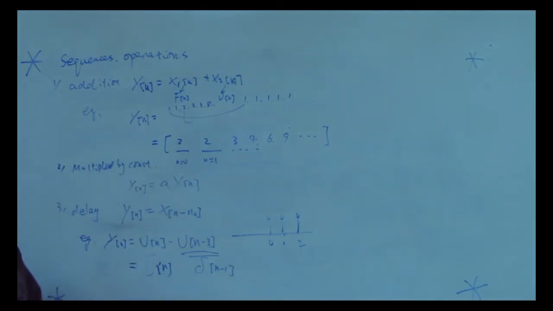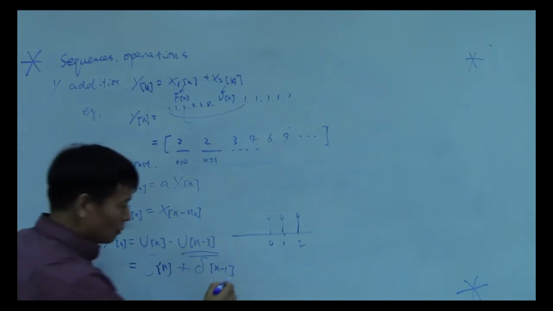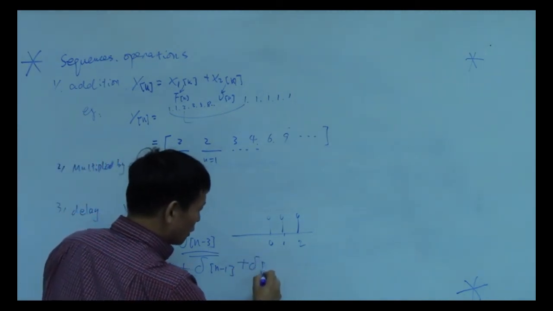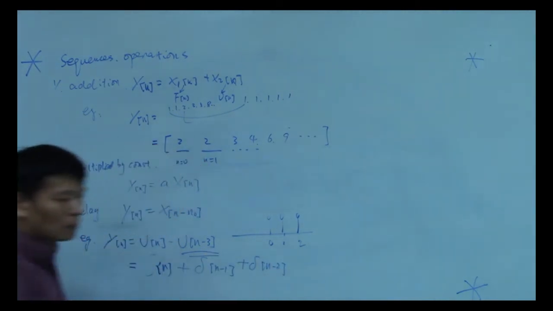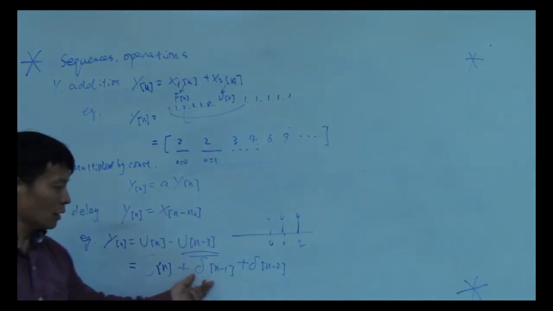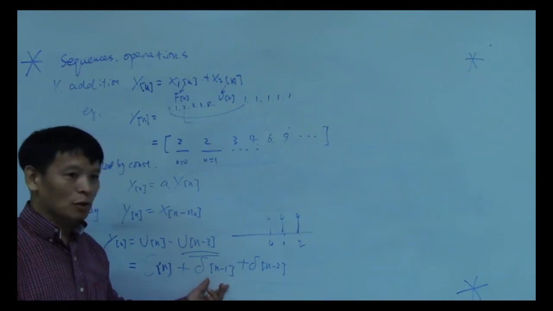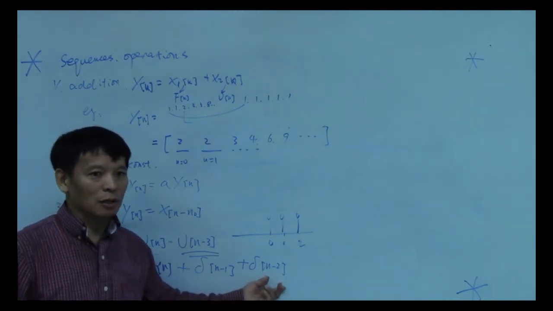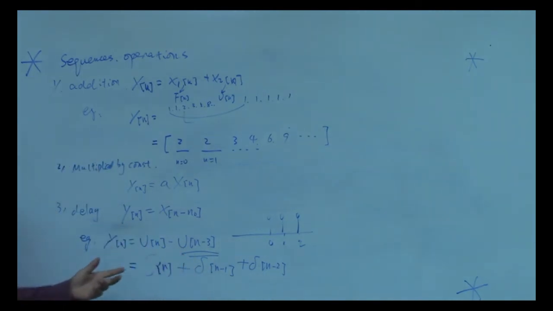Yes or no? Yes. Plus, right? What's the last term? Delta[n minus 2]. So you can see this is the original impulse. This is the delayed version of the impulse by only 1 second. This one is delayed by 2 seconds. Add up together, you get this.